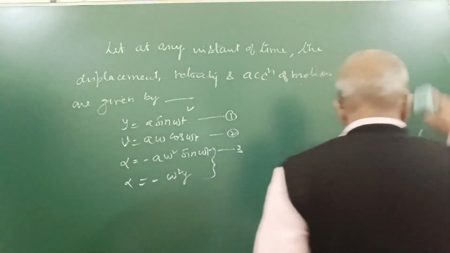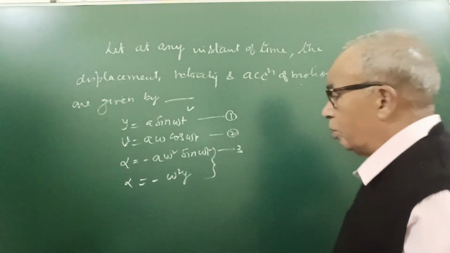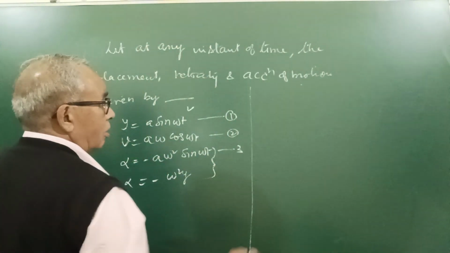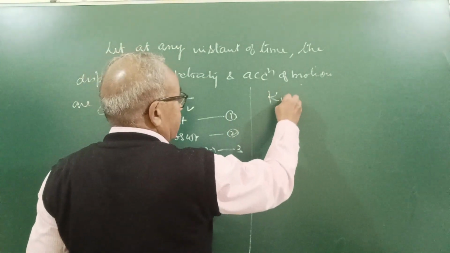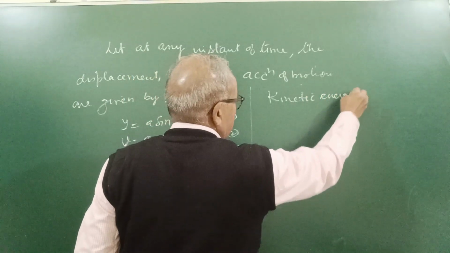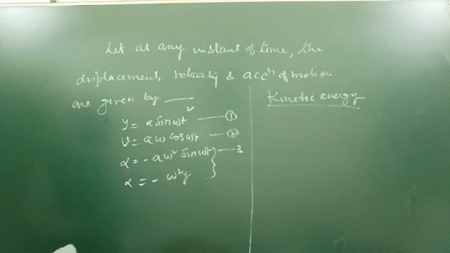Now I told you that the oscillating particle will have energy in the form of kinetic and potential. So here I take kinetic energy first.